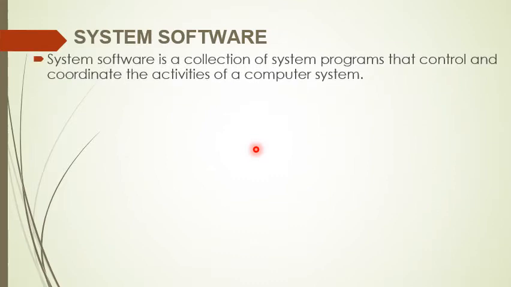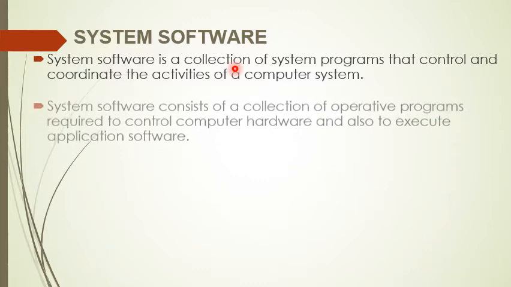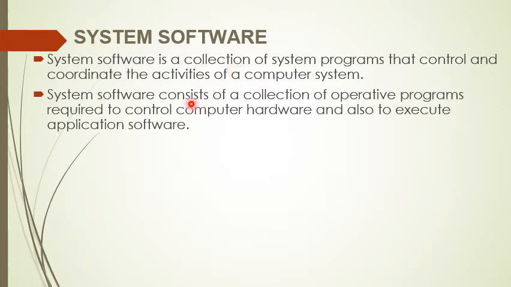System software is a collection of system programs that control and coordinate the activities of a computer. So we can say that it is not a single program, it is a collection of programs, meaning a group of programs. System software consists of a collection of operative programs required to control the computer hardware and also to execute application software.